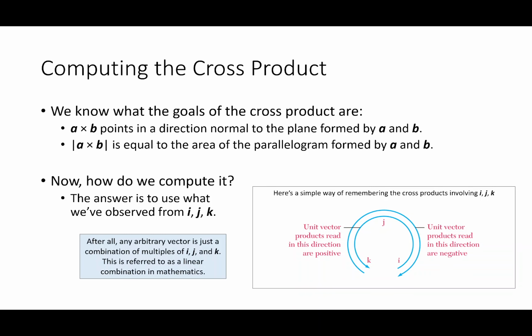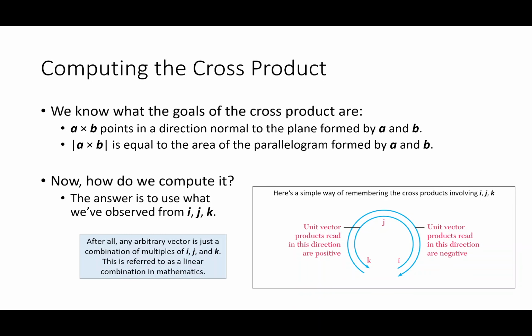Has anybody ever seen this like this? Okay, some of you have. Good. So I'm doing this times this, this times this, this times this, and I'm preserving the order. So I cross J, I cross K, and then just add it up. This would really be a really long equation.